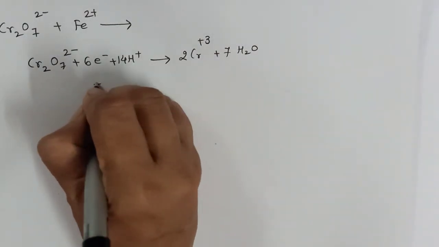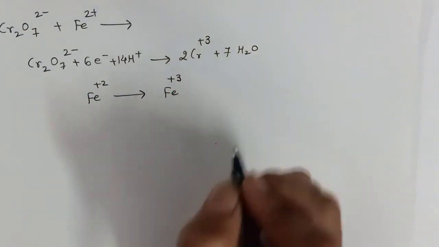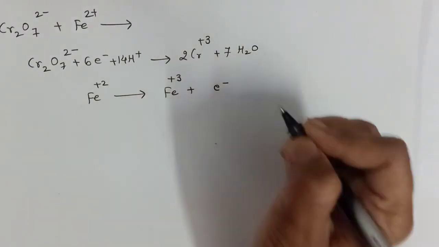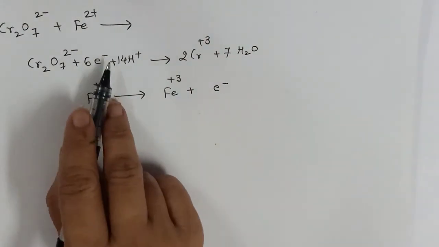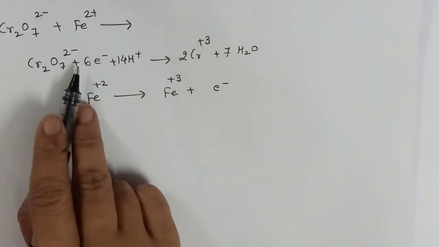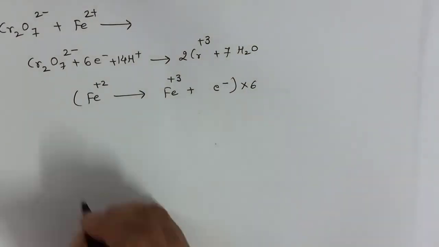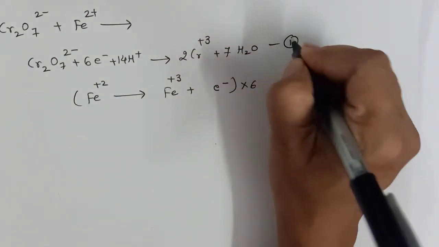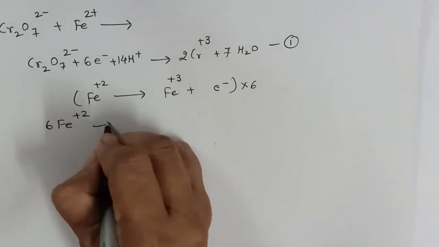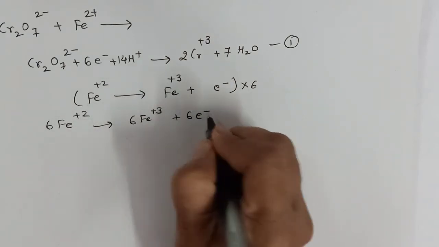Now the conversion of Fe plus 2 ferrous to ferric. When the conversion of ferrous to ferric is done, that means it must have lost 1 electron. Now we have to add these two. For adding these two, the electrons must be equal and therefore I will multiply this equation by 6. Let us label this as number 1. So 6 Fe plus 2 gives 6 Fe plus 3 plus 6 electrons.